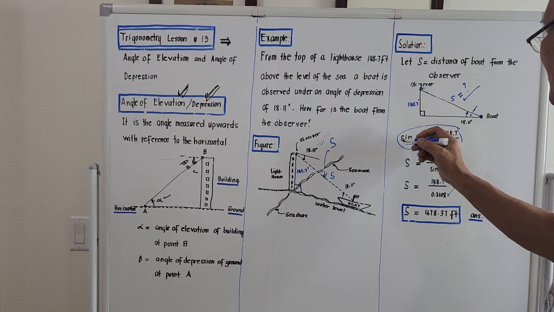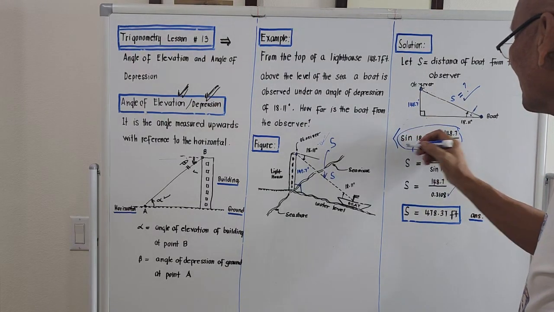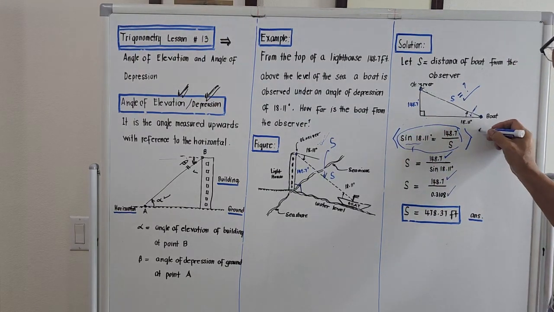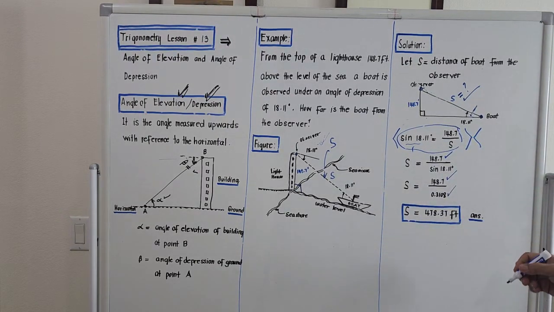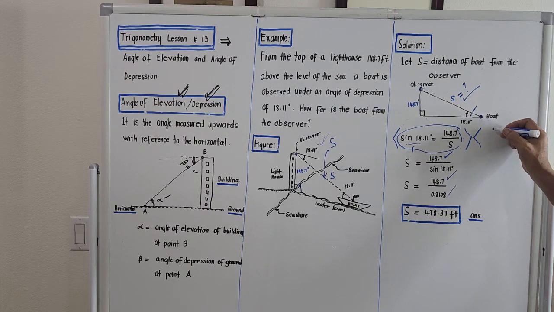At least you've got no problem simplifying this one. We are solving for S, so we multiply both sides by S over sine of 18.11 degrees.